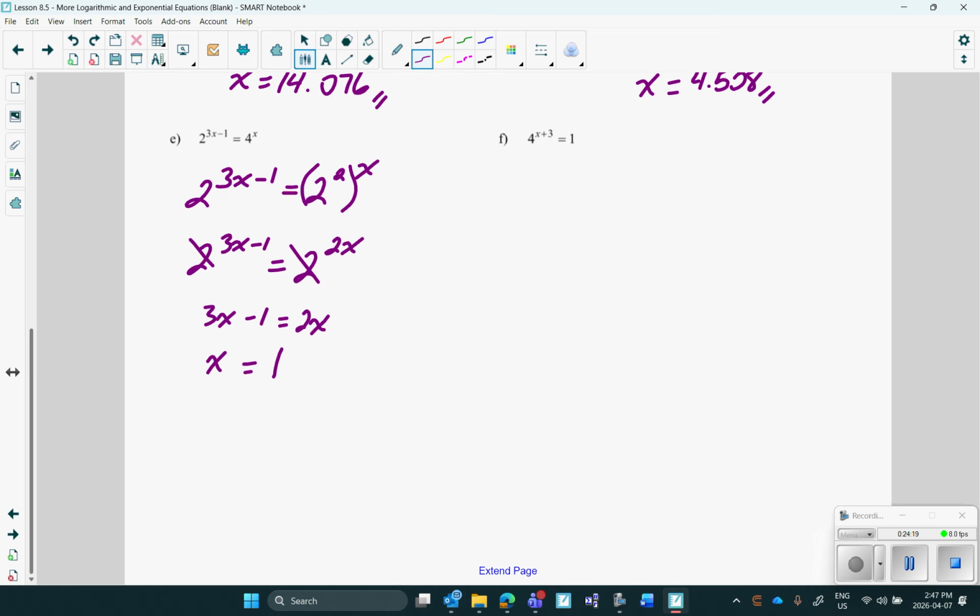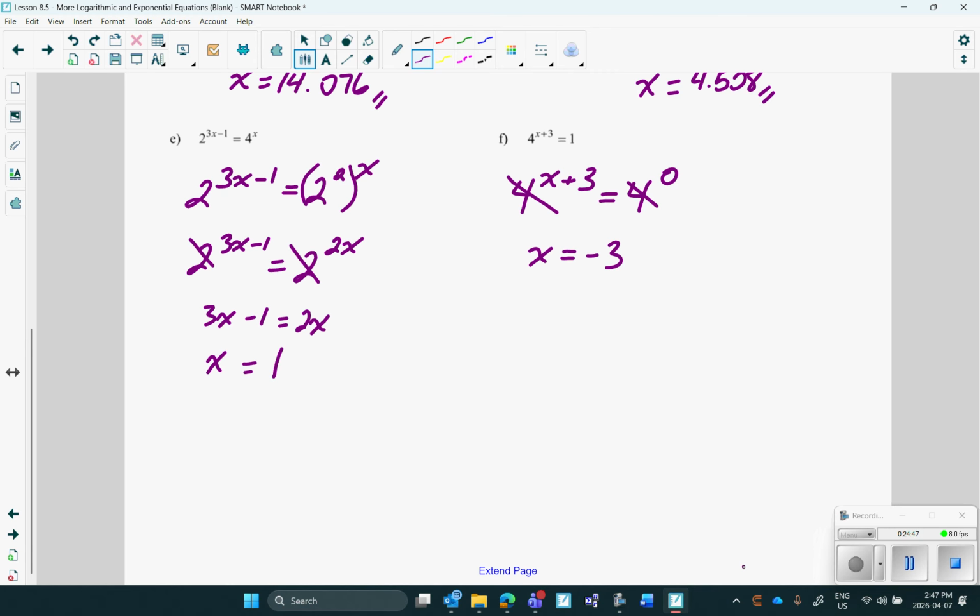I don't have to log both sides. I don't have to do any logs here. The number 1 is the same as 4 to the 0. Cross those out. x plus 3 equals 0. x equals negative 3. Okay.